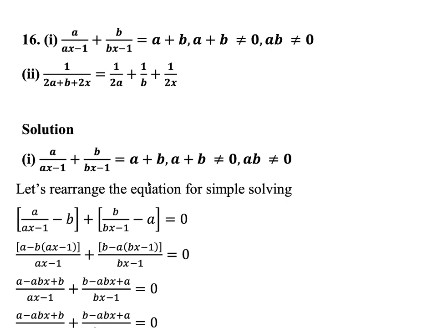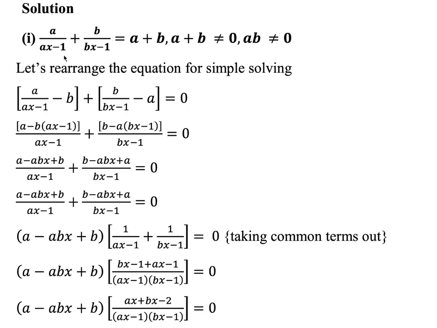Come to the next part. Next problem, that is a divided by (x minus 1) plus b divided by (bx minus 1) is equal to a plus b, where a plus b is not equal to 0, ab is not equal to 0. Okay, so let's rearrange the equation for simple solving.